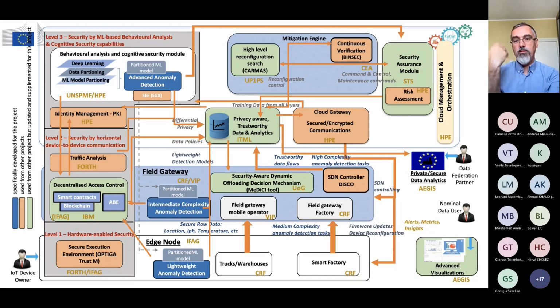The info about the anomaly, the data, where it happened, how it happened, goes to the mitigation engine through the security assurance module. There's this component called KARMAS. That's a very interesting component that's actually used in France for controlling the levels of water in the rivers, and it's able to detect problems and use floodgates to mitigate the problems within the river network of France.